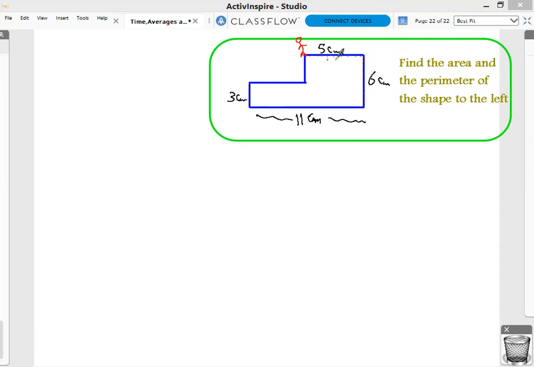Then, if you want to get the perimeter first, it's not like a normal rectangle. It's a rectangle, but cut some from it, a part from it. Then perimeter.